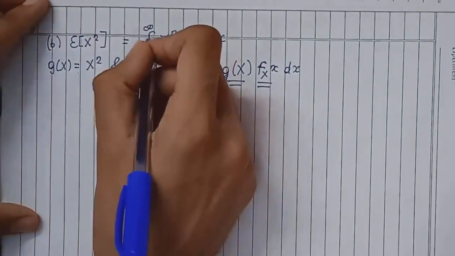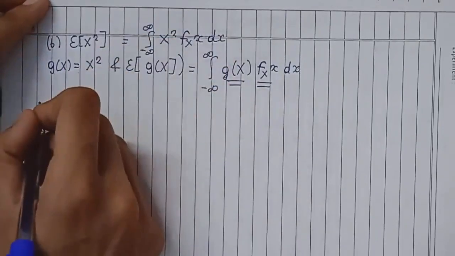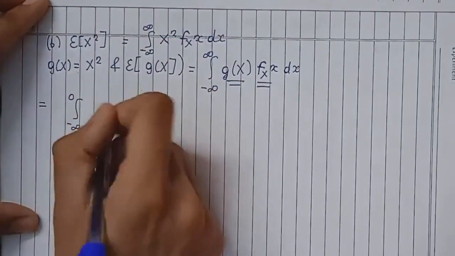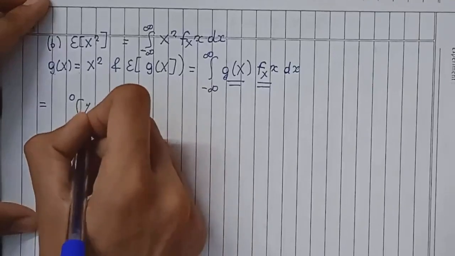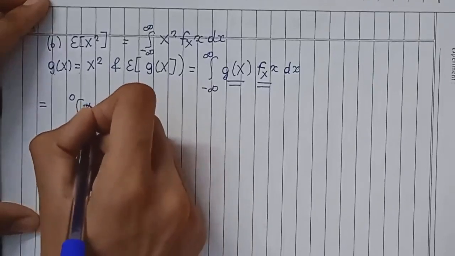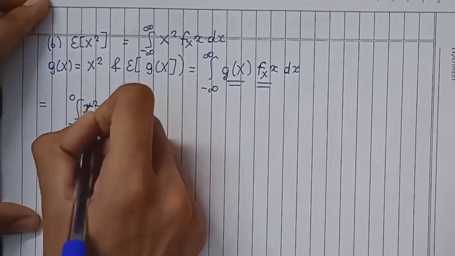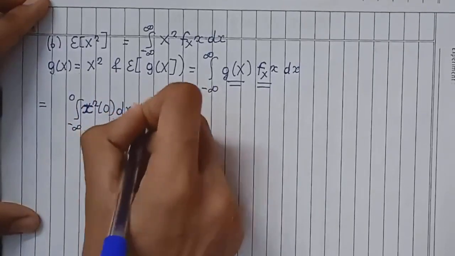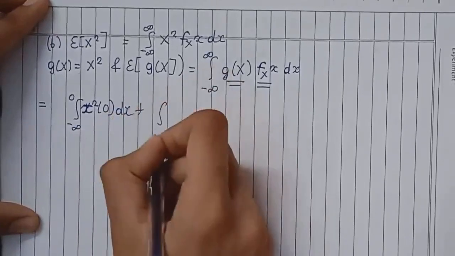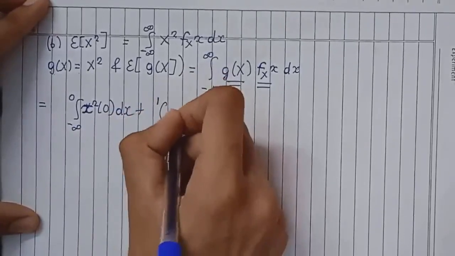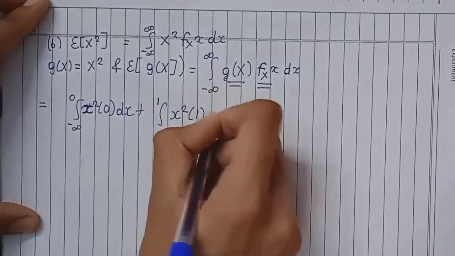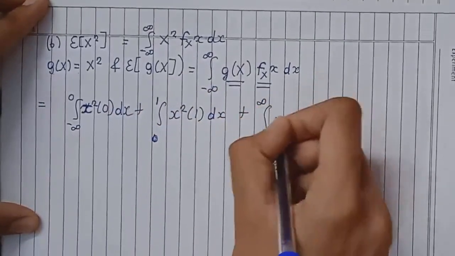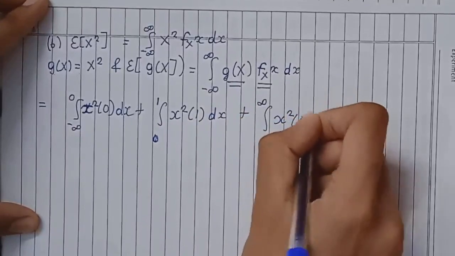Now again I will break this integral in three parts: minus infinity to 0, x square times 0 dx, 0 to 1, x square times 1 dx, 1 to infinity, x square times 0 dx.